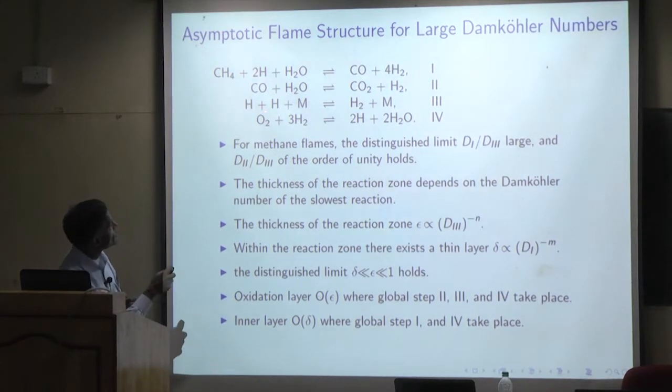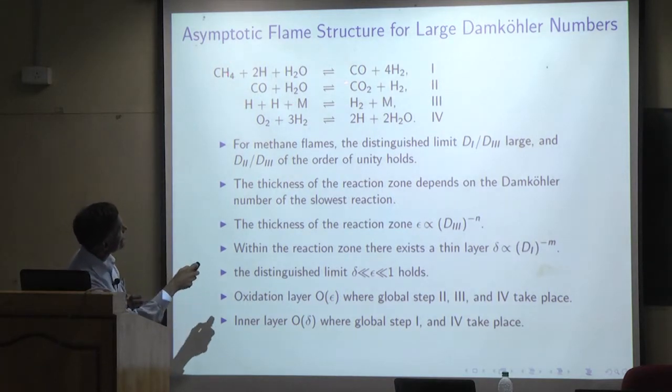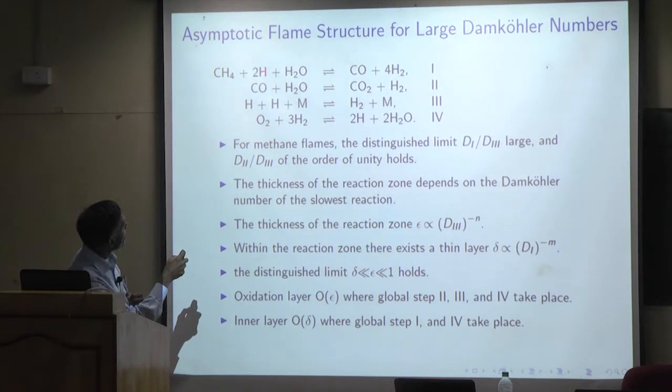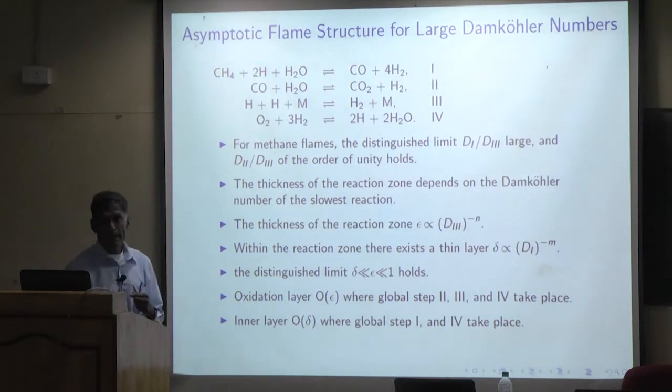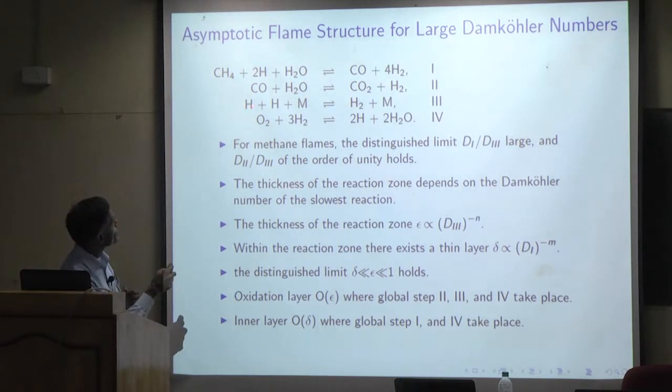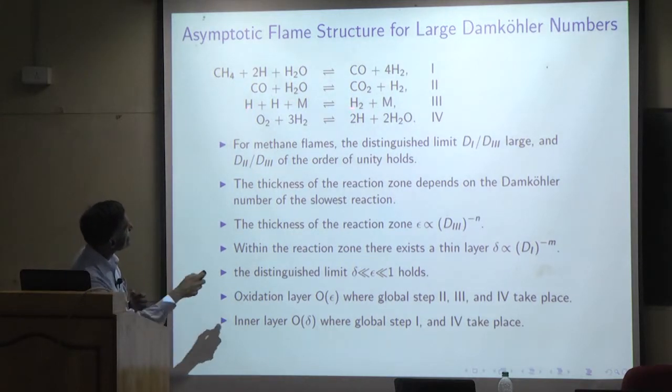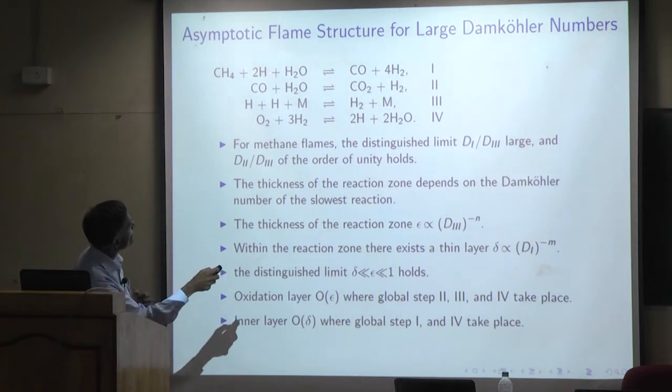Here, this is still the chain branching. This is the chain termination, and the very important termination step is this. Here, the reaction of methane with the radicals is chain breaking. So you have two chain breaking reactions, and that's balanced with the chain branching.